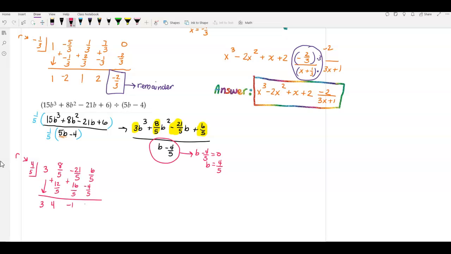When we add it to 6/5, we get 2/5. Once again, this last term is our remainder. When we write our expression, we started out with a cube, so our answer becomes 3x squared plus 4x minus 1 plus 2/5 over b minus 4/5.